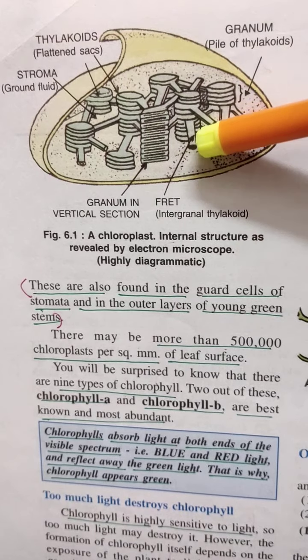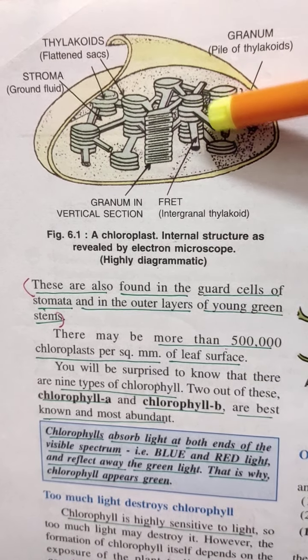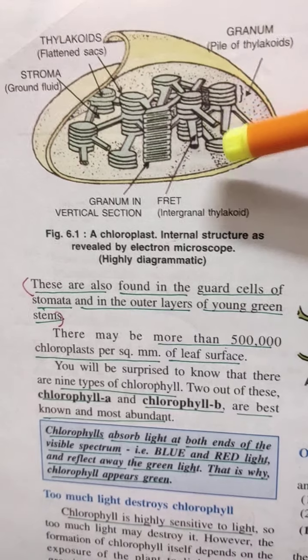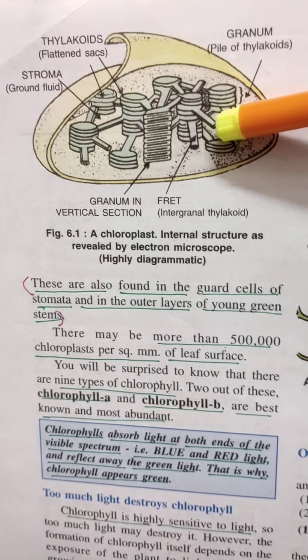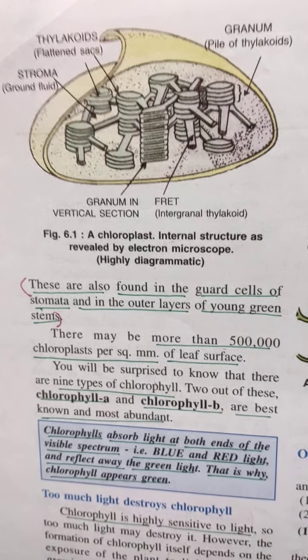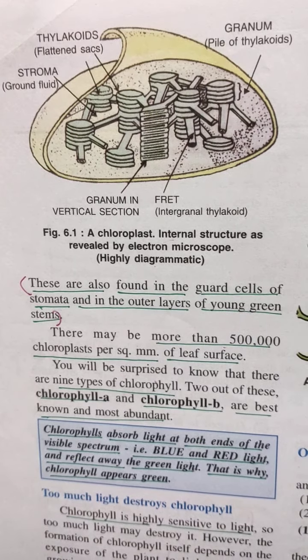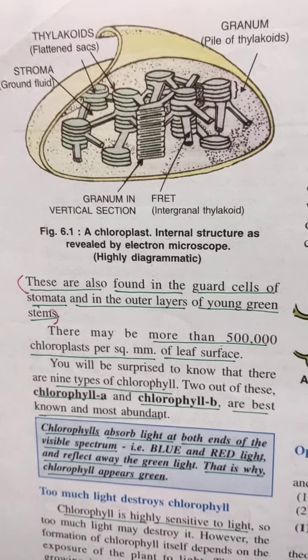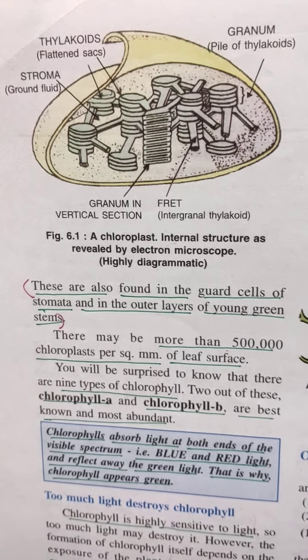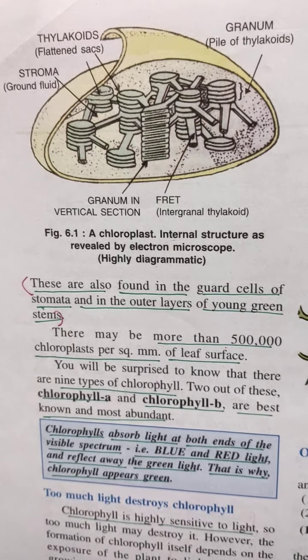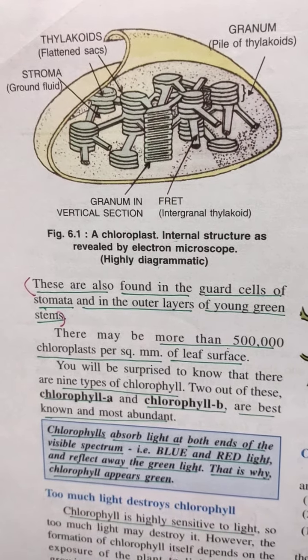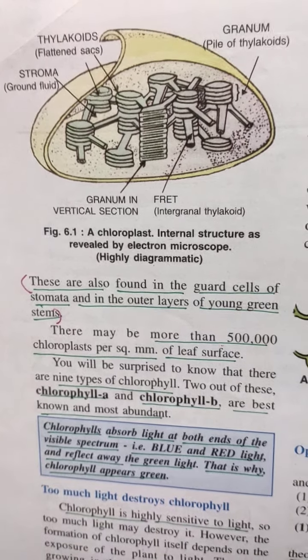And we can also see these kind of interconnections. These are known as frets or the intergranal thylakoids, which are connecting one granum with the other granum. I hope it's clear. This diagram is very important. So students, you have to practice it.